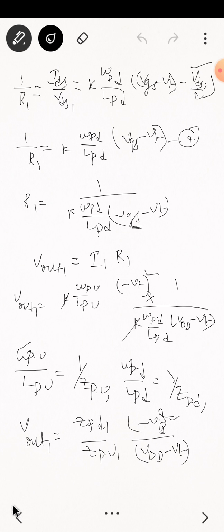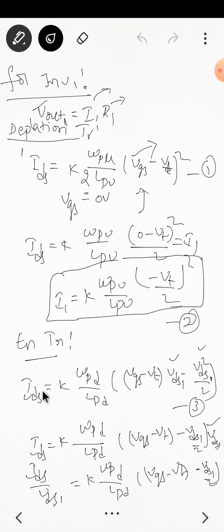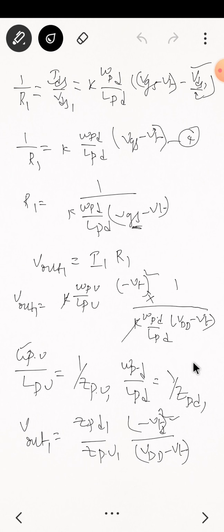I1 R1. You could wait, guys. Actually here I missed the 2, because in this equation I1 is equal to K upon 2. So here also I will get the 2.